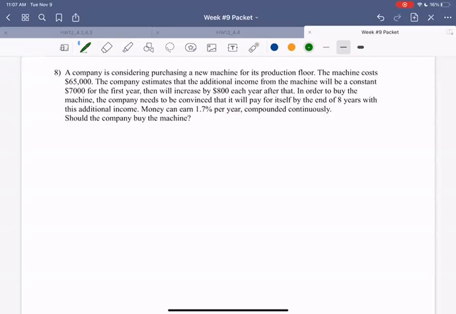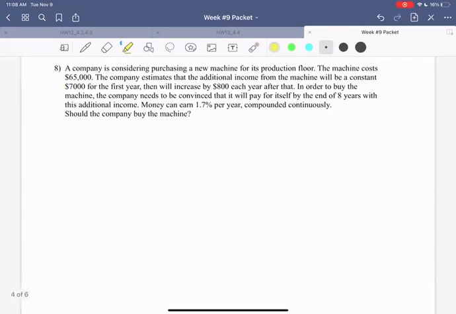A few things are going on here. First, we can highlight the function that tells us how much money the machine is bringing in. We're told that the machine will bring in $7,000 for the first year and then $800 per year after that, and we're looking at the situation for 8 total years. So the interval that we're looking at would be from 0 to 8.